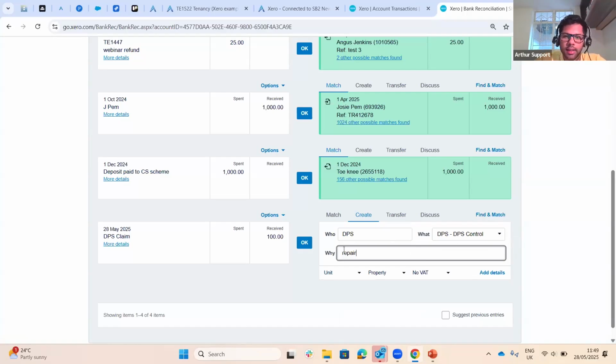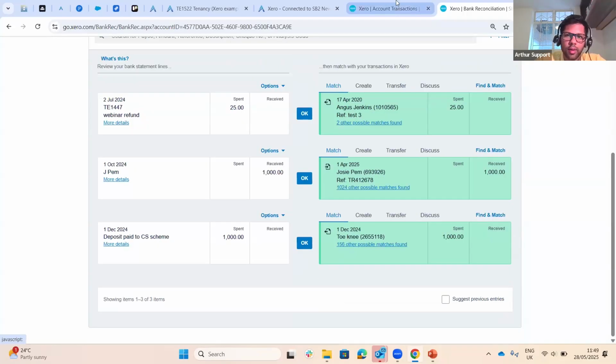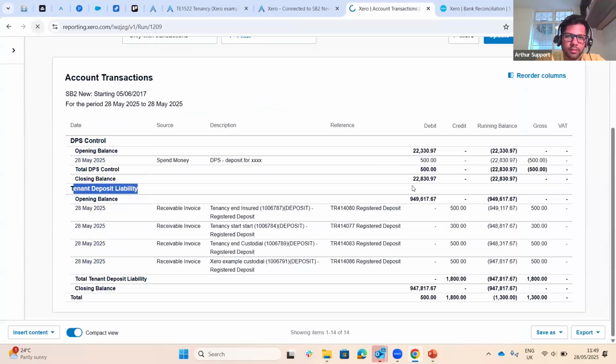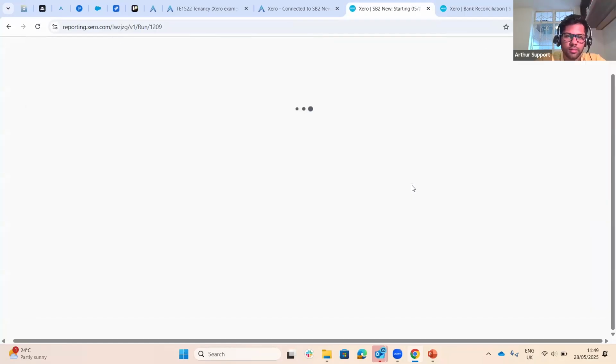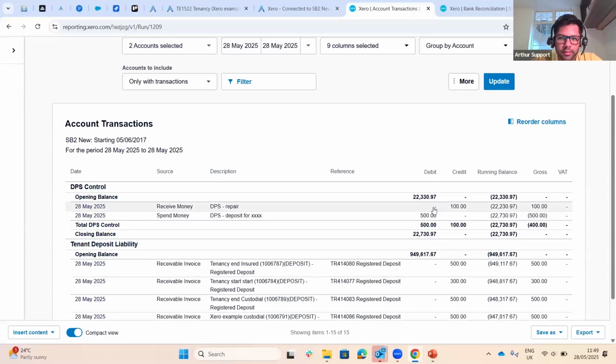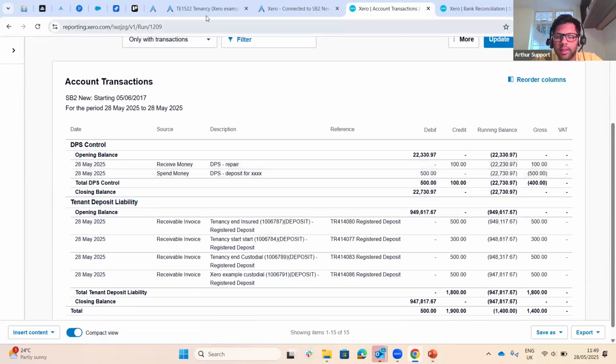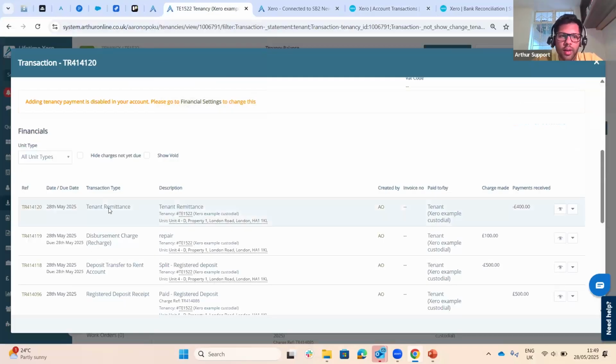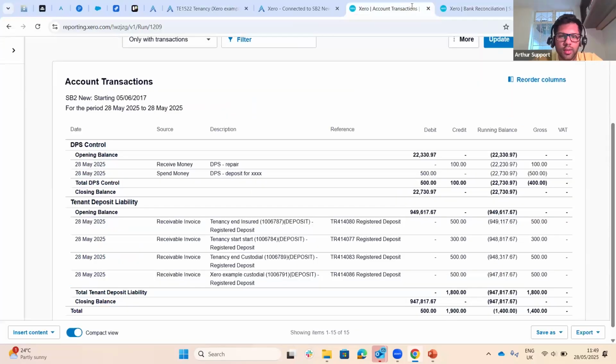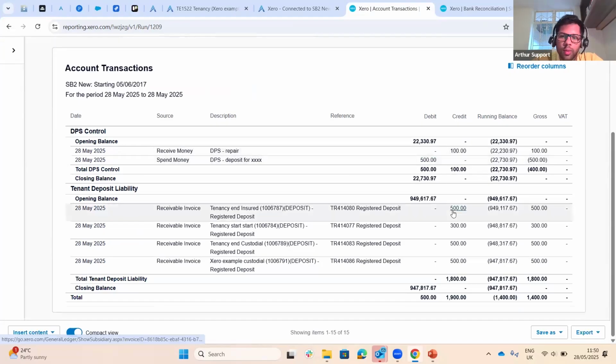And then reconciling it this way will create that £100 we're missing in the DPS control account, as you can see. And then obviously the 400 hasn't synced over, but when the sync does run, this £400 remittance will then balance off the £400 difference between these two. So that's how all the deposit transactions sync across to Xero.